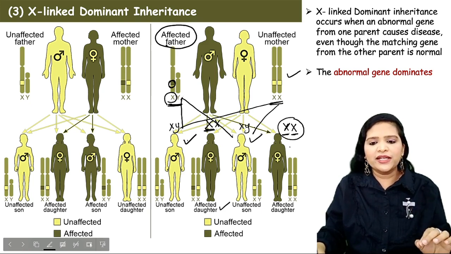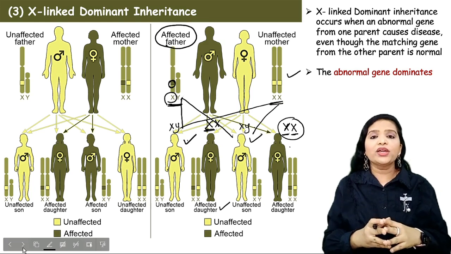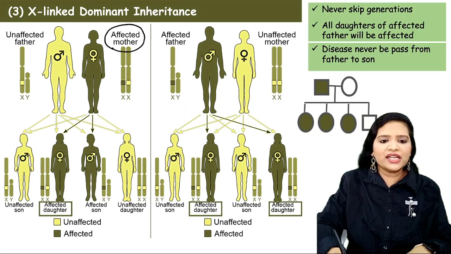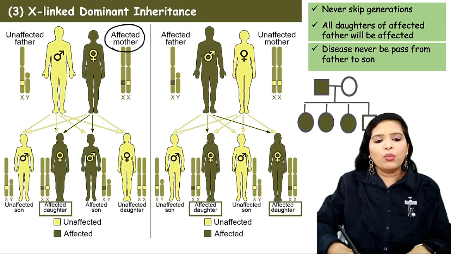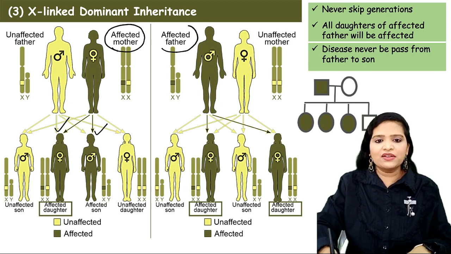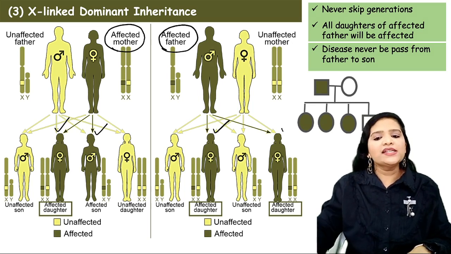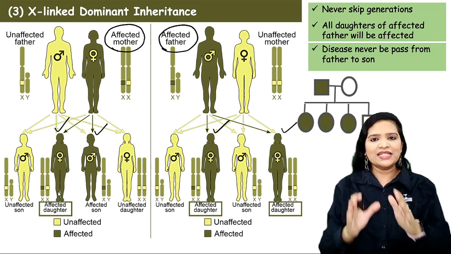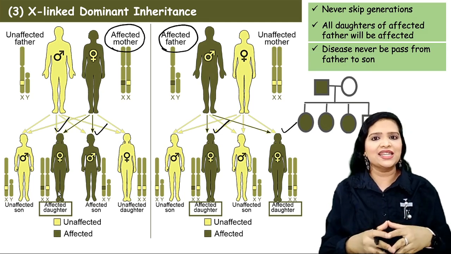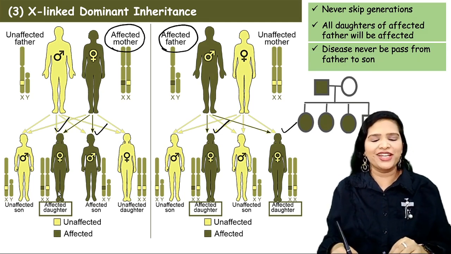She is also an affected daughter. Okay, so this is how the scenario will be. So look here, if the mother is affected, then one daughter and one son will be affected. Whereas if the father is affected, both his daughters will be affected.